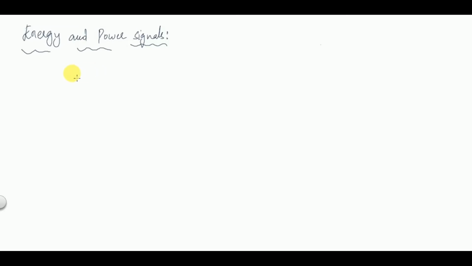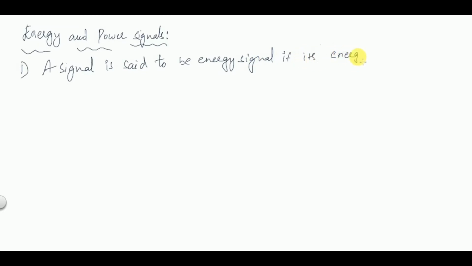Right, so first we'll discuss which type of signals are called energy and power signals. A signal is said to be an energy signal if its energy is a non-zero finite value.